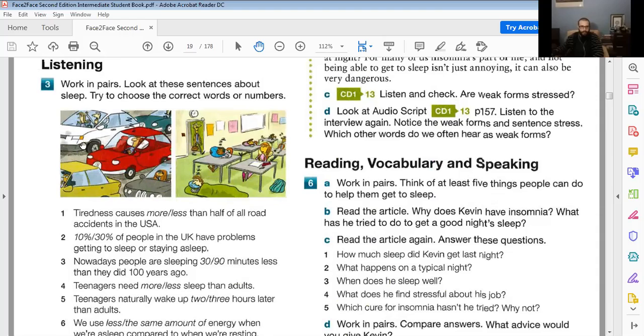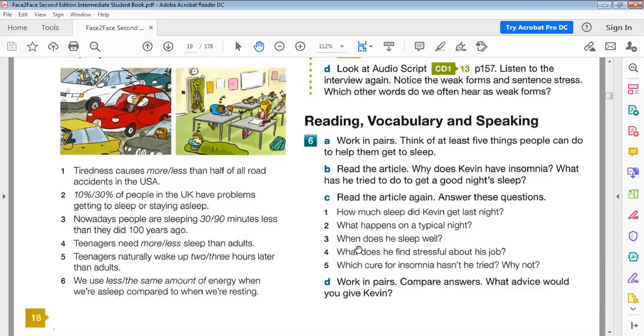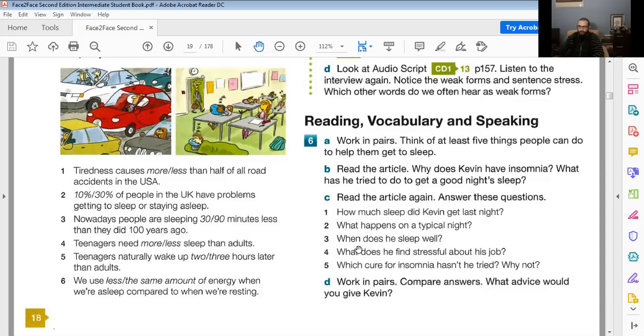So let's start with the first one, number 1. Malak, would you like to read number 1 for us, please, and also give us your guess? Tiredness causes more or less than half of all road accidents in the USA. Maybe more.